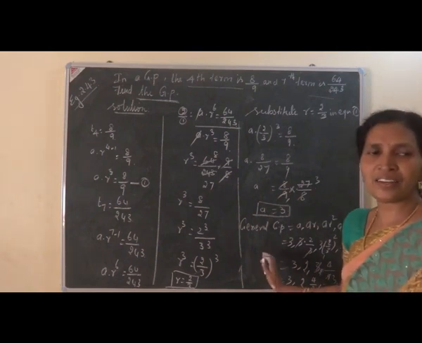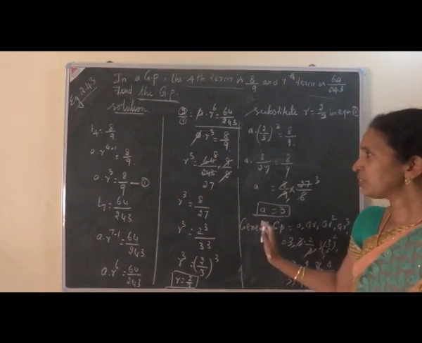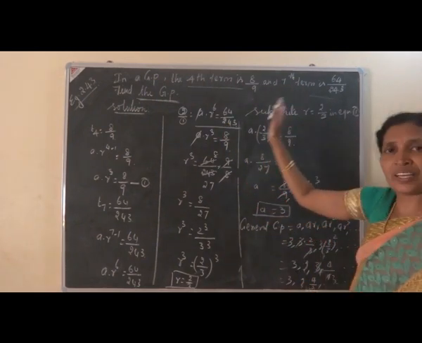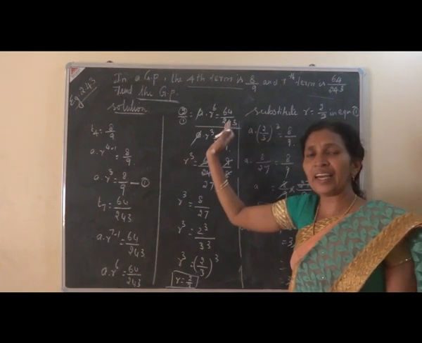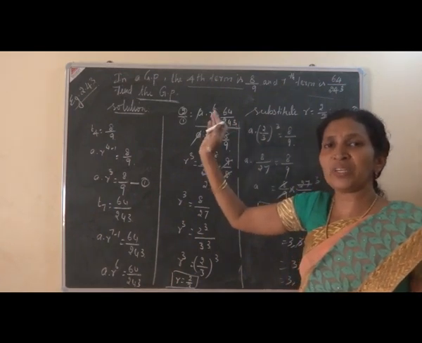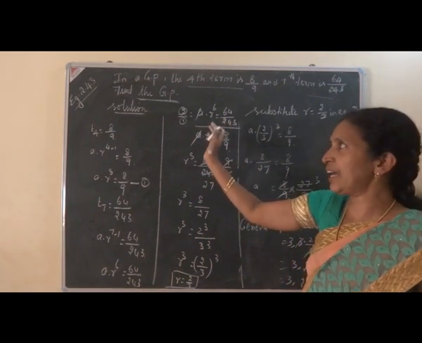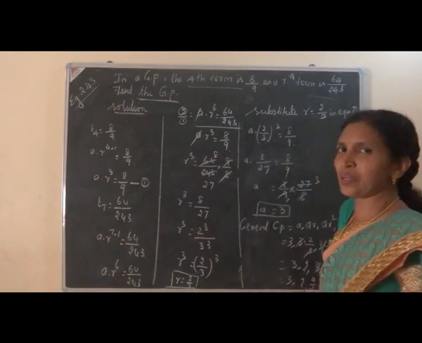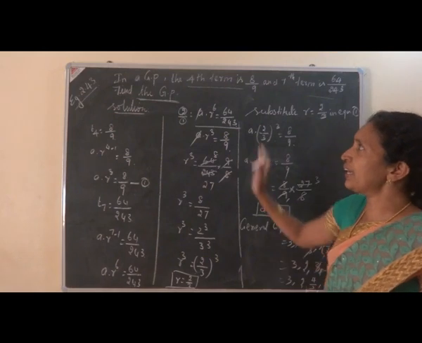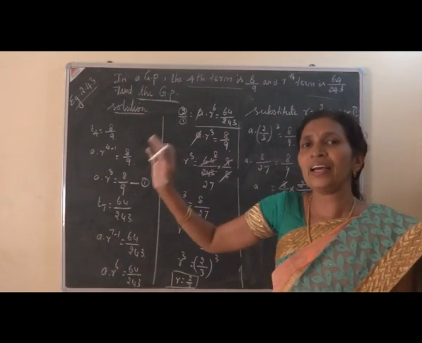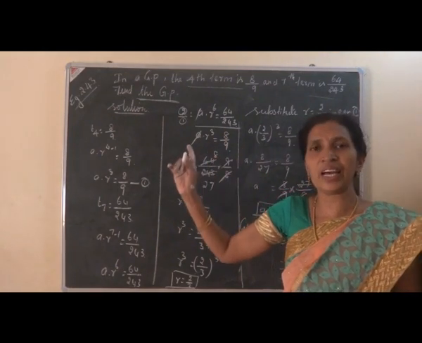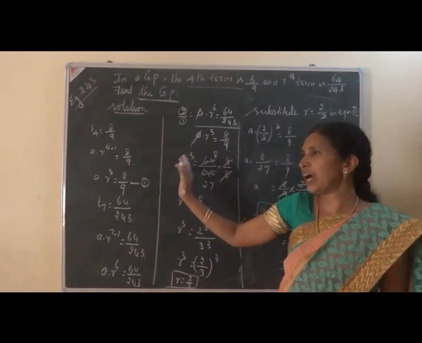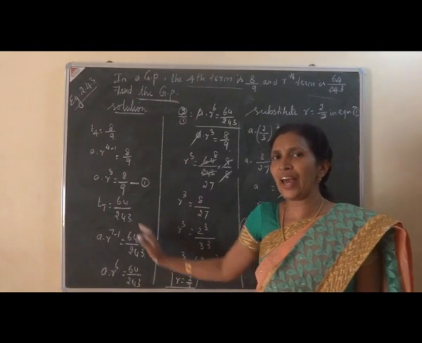Do you understand? Clear now? The fourth term and the seventh term they gave. They didn't give directly. If they give directly, as in the first question we did, we directly apply the values and find the geometric progression, right? But here they give the fourth term and seventh term. From the two terms you have to find the value of a and r.